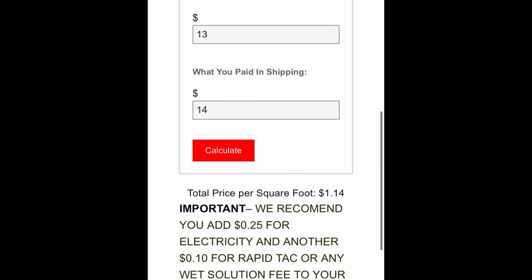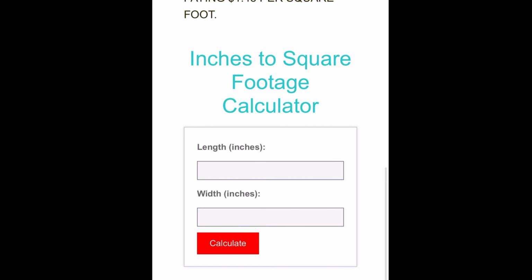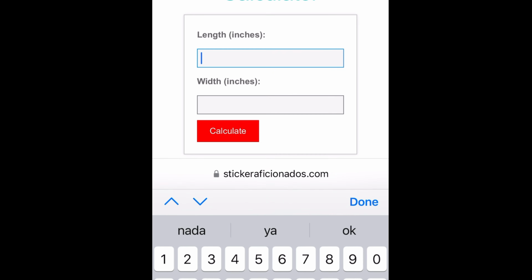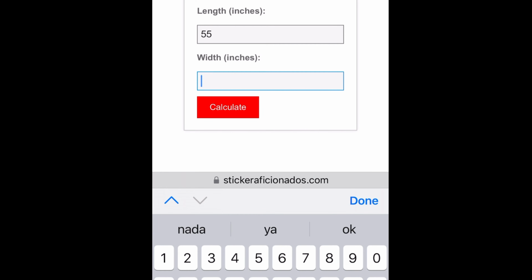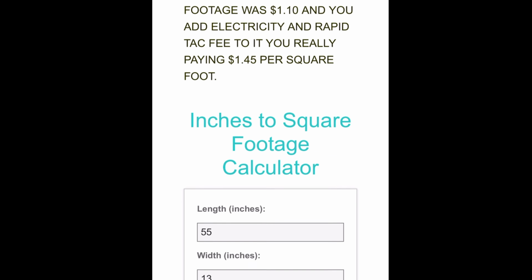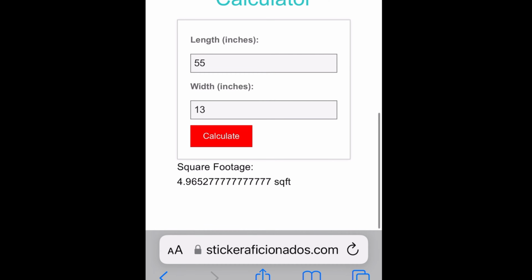Now, how do you break down inches to square footage? We have a calculator here below where you can, let's say in your software, you have the dimensions that you already want for your project, and it measures 55 inches in length by, let's say, 13 inches, and calculate, and below it's telling you how much that design is in square feet. And that covers question number two.